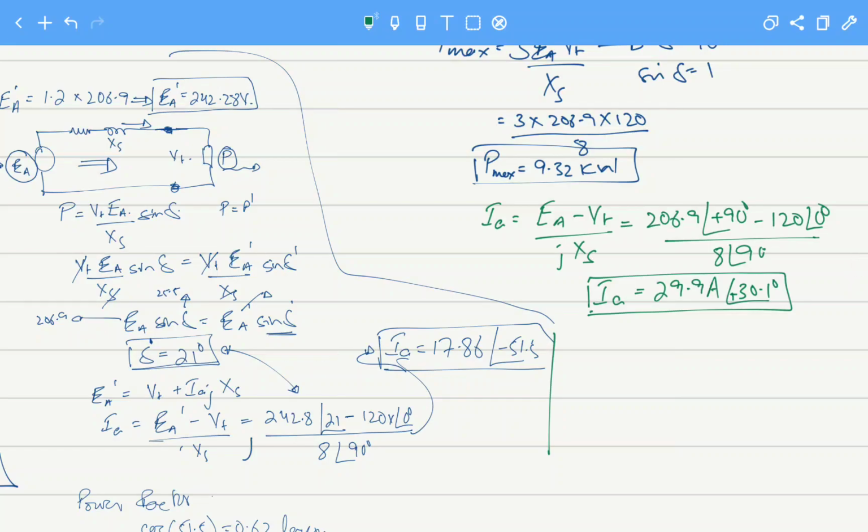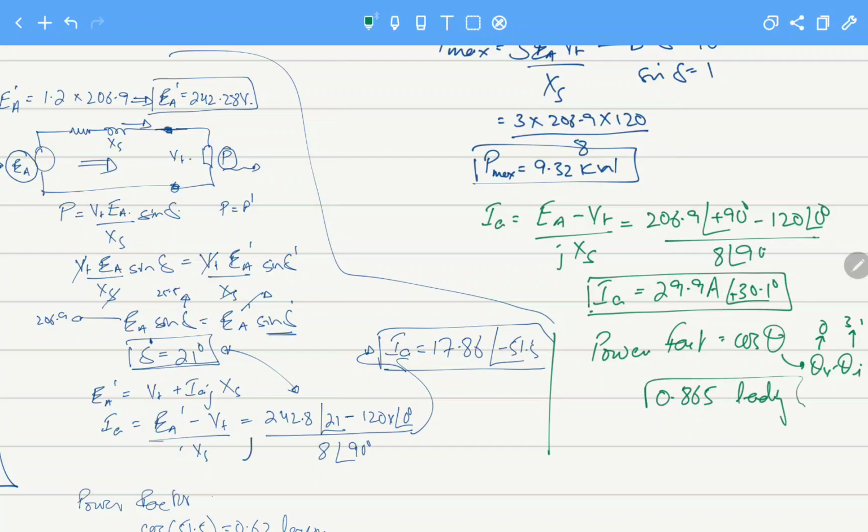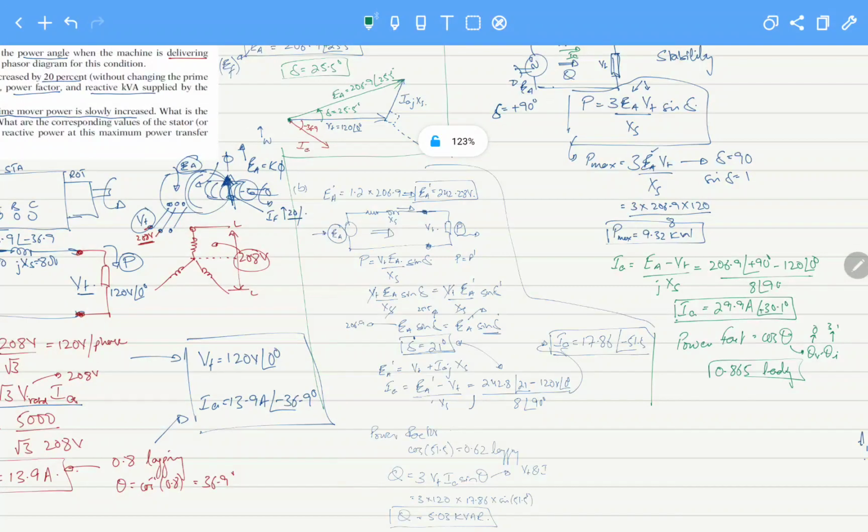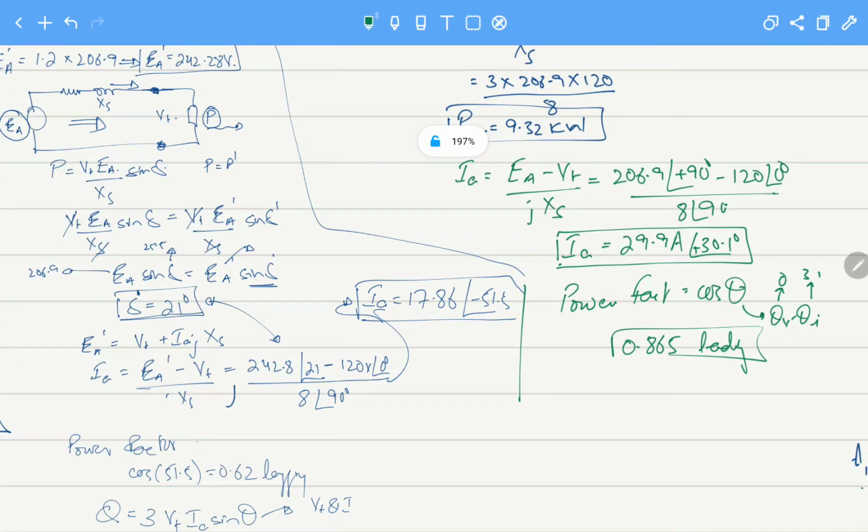So the power factor is cos theta, where theta is theta V minus theta I. For the terminal voltage, theta V is 0 and theta I is 30.1, so the power factor would become 0.865 leading. This will be the power factor for our system.